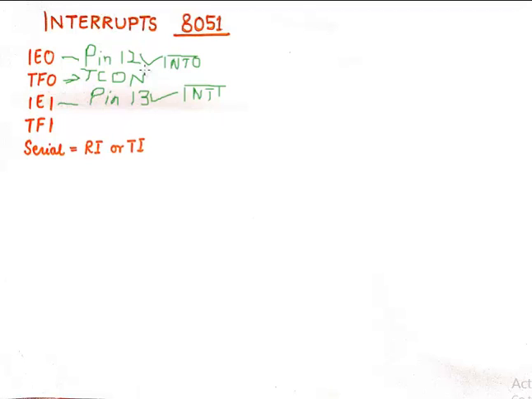Whenever the timer operation is going on, and the timer finishes its count and goes back to 00, this interrupt is generated. Timer overflow for timer 0 and timer overflow for timer 1. This has lower priority than timer overflow 0.